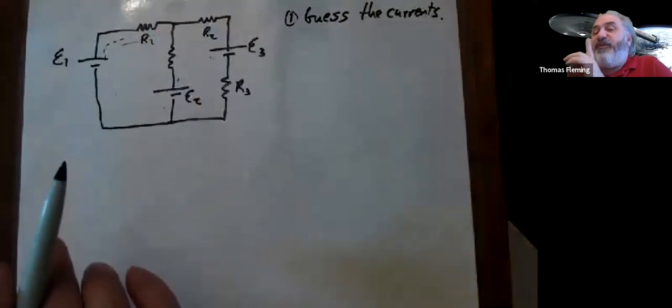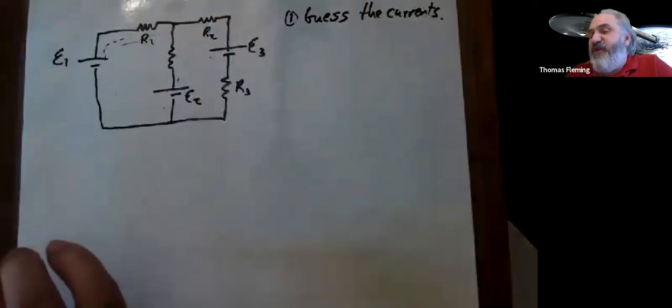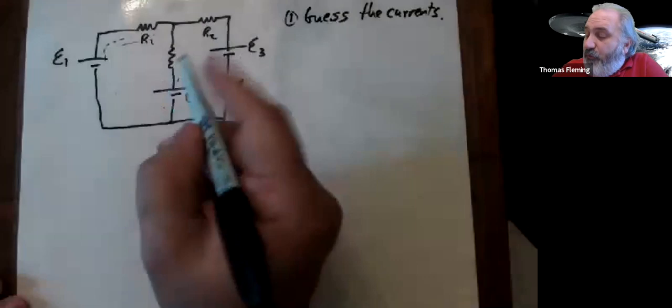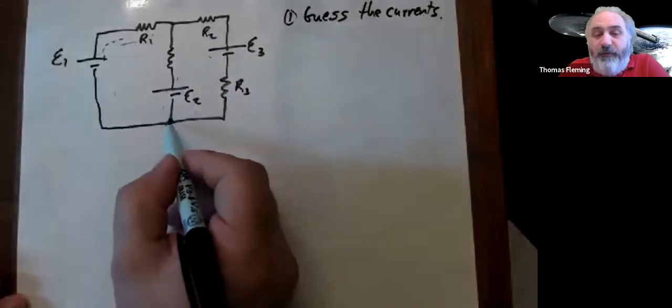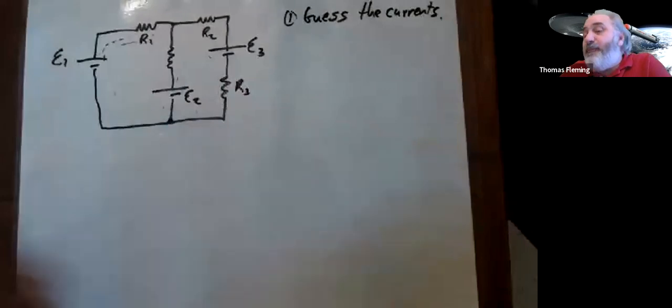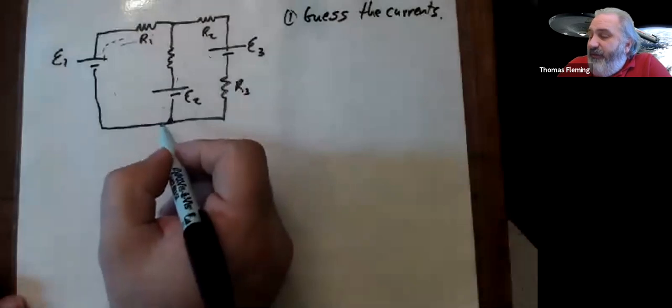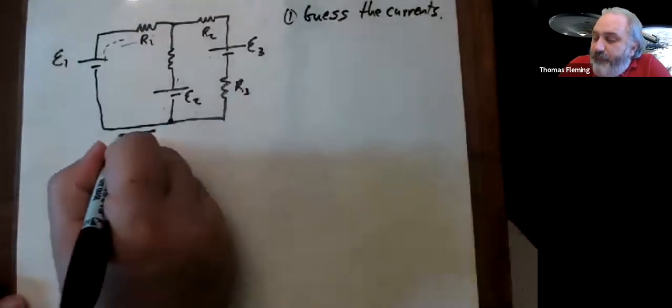What helps me with this is that I know the current can only change at a junction, at an intersection. So for instance, if I look right here at this intersection, there's a certain amount of current that could come out of it. I'm just going to guess, maybe correctly, we don't know, that the current is going to come out of this intersection going this direction, right?